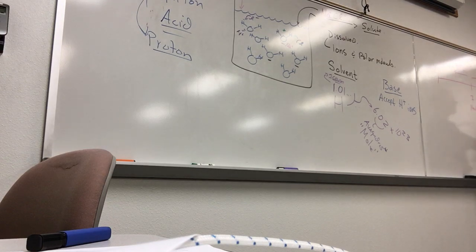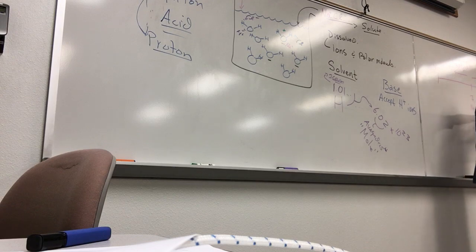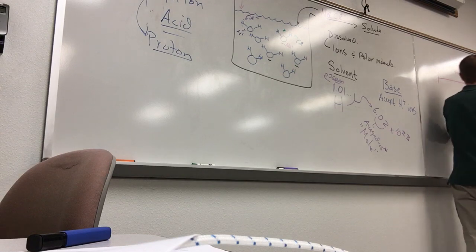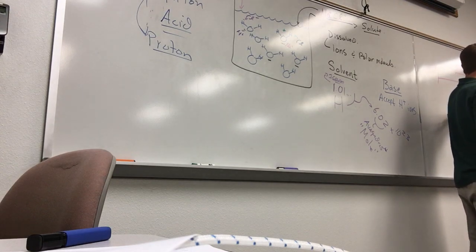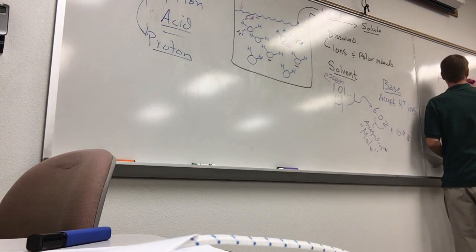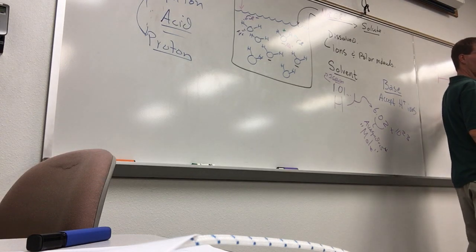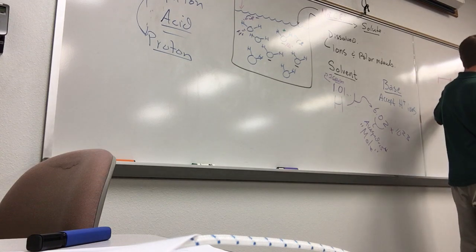A pH of 3 would be how many times more acidic than 7? 10, 100, 1,000, 10,000. Does that make sense? Now a pH of 8 would be how many times more basic than 7? 10 times. A pH of 9 would be how many times more basic than 7? 100. A pH of 10 would be how many times more basic than 7?